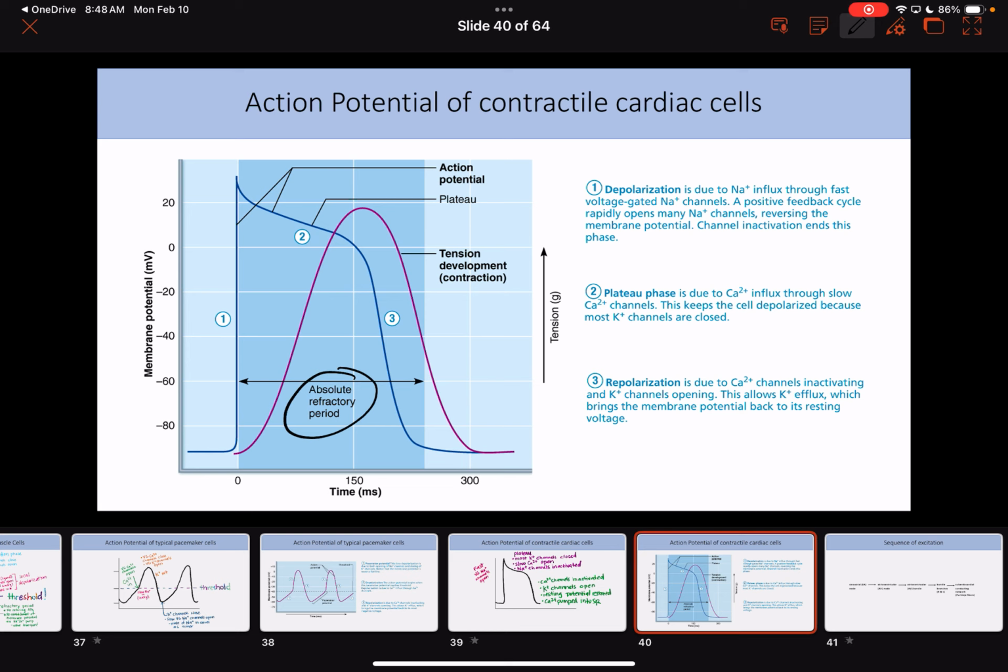You can see after repolarization, you have this big space of time. That time allows the ventricles to properly fill before we send another action potential. So again, that plateau keeps calcium available so that we can eject enough blood, but it also gives us a longer refractory period, so we have more rest time in between, so that the ventricles can fill properly before the next ejection.